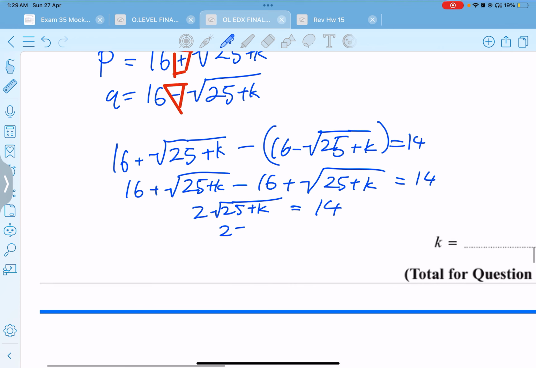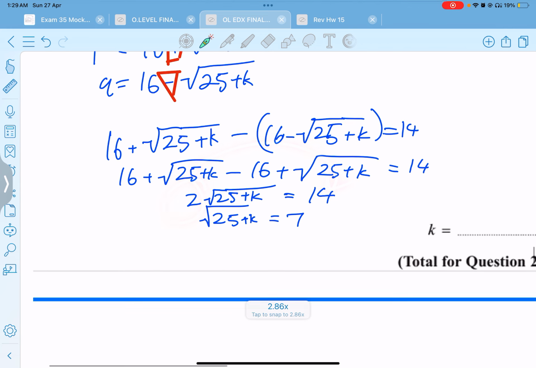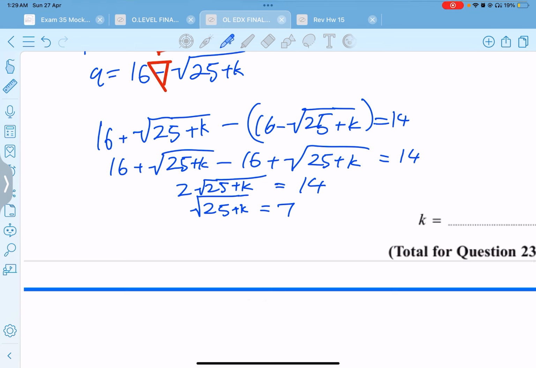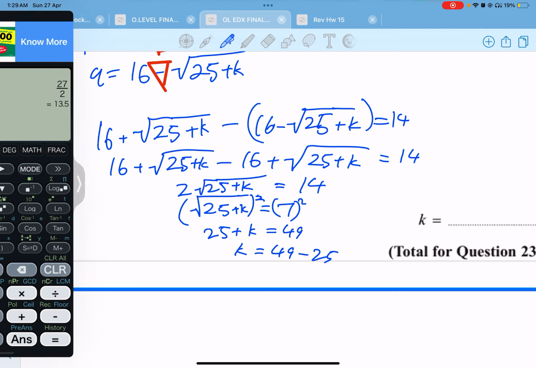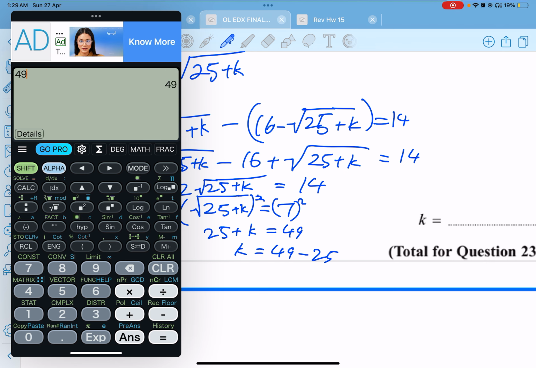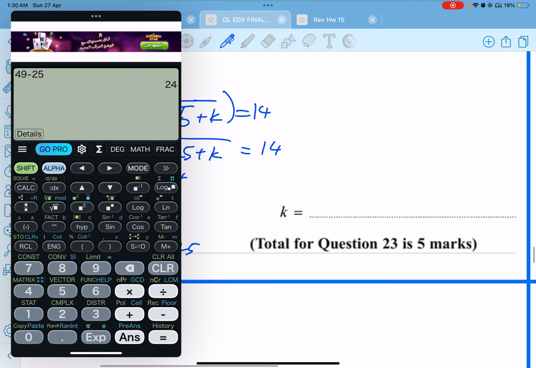So root of 25 plus k is going to be 14 over 2, which is 7, because I moved the 2 by division, inverse operation. Then to remove the square root, you put it on squared. It's going to be 25 plus k equal to 49. K is 49 minus 25, which is equal to 24. So k is equal to 24.